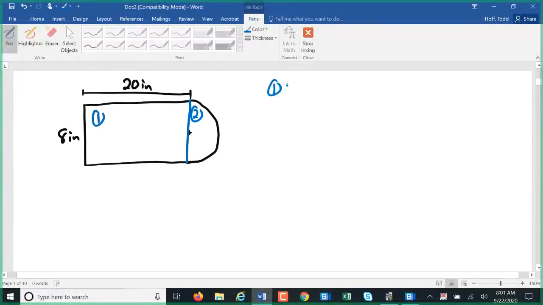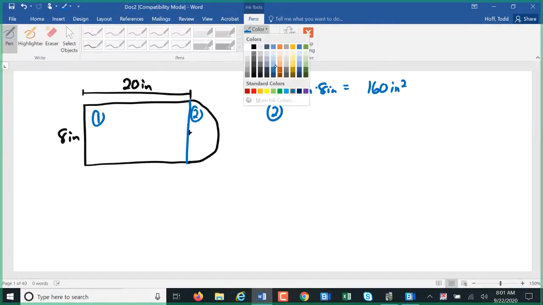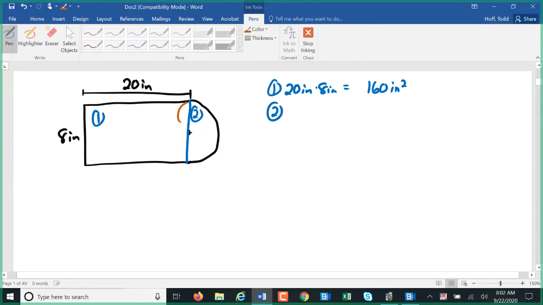Area 1 is just the rectangle, 20 inches by 8 inches. It's 160 square inches. Area 2 is just a half circle. Now the diameter of that half circle is 8 inches. We know that. So the radius is going to be 4 inches.